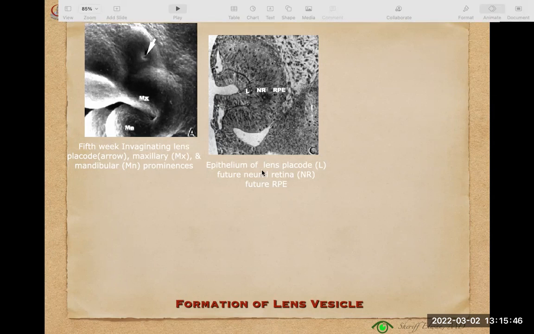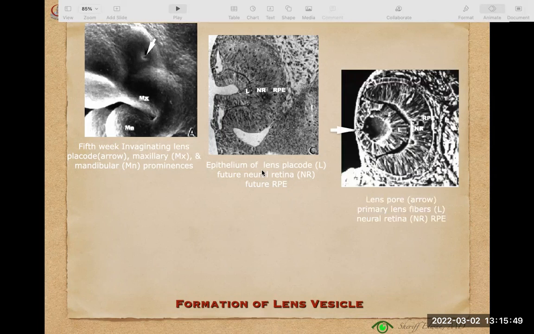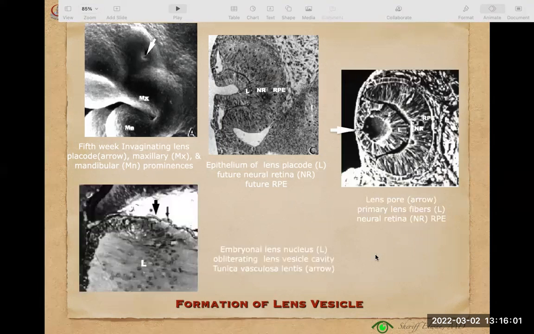And the lens is so big, and then the lens separates to the inside of the vesicle with a small pore where the placode was formed, and this later on seals. Now the embryonal lens nucleus is L inside with the fibers appearing to it, obliterating the lens cavity with vasculature around the lens called the tunica vasculosa lentis. This tunica vasculosa lentis later disappears, as we all know that the crystalline lens is avascular.